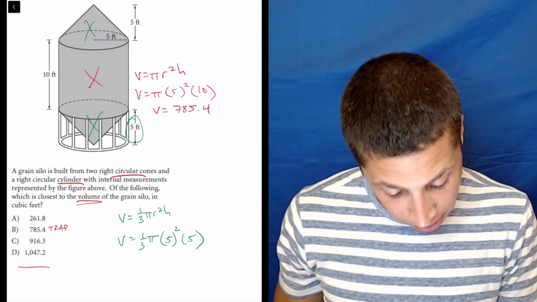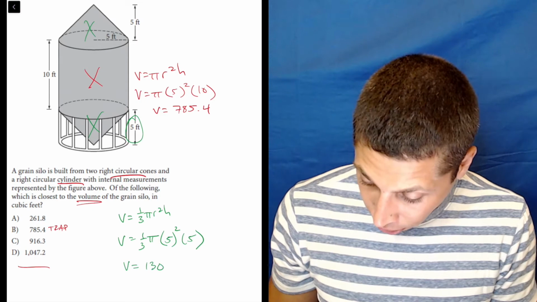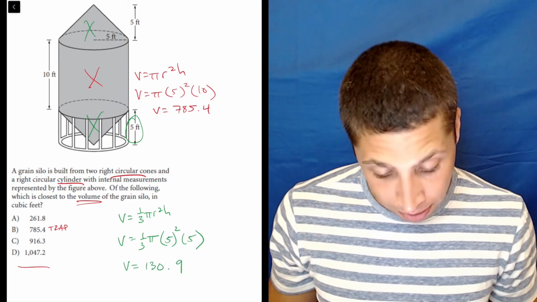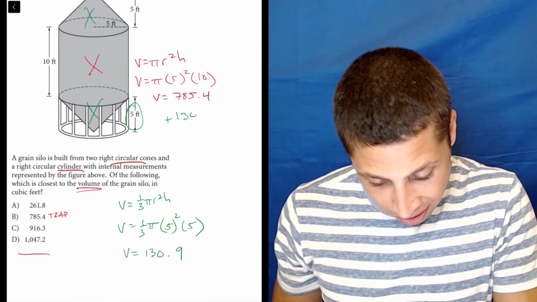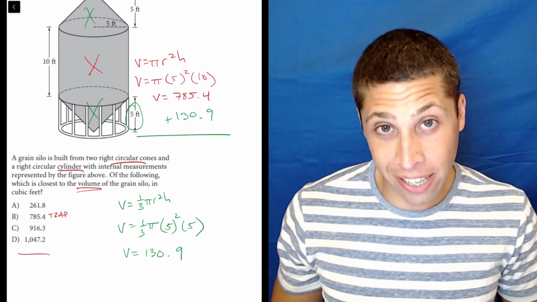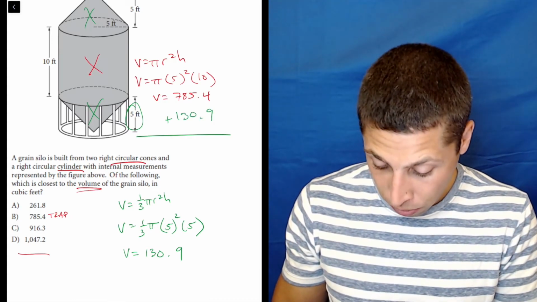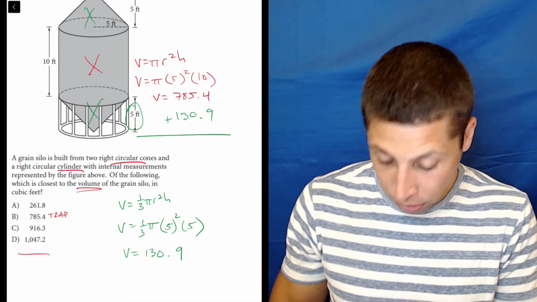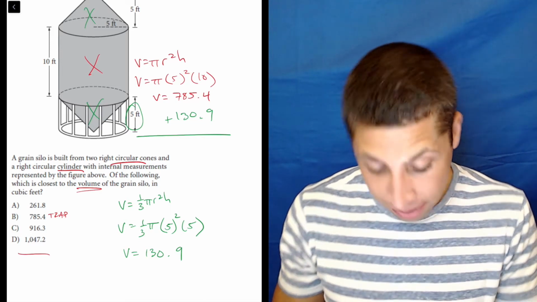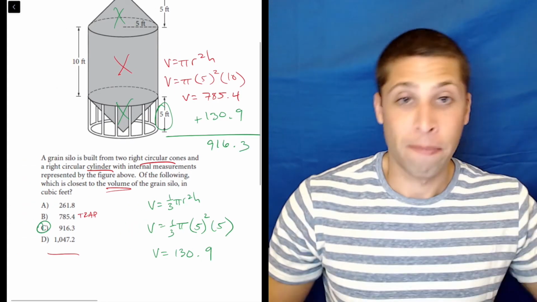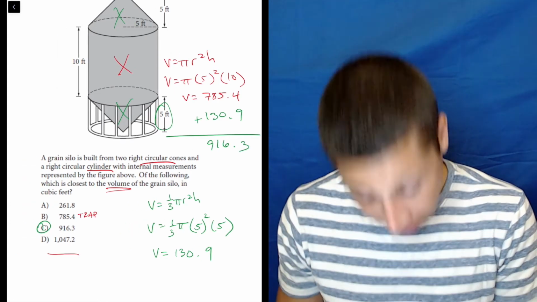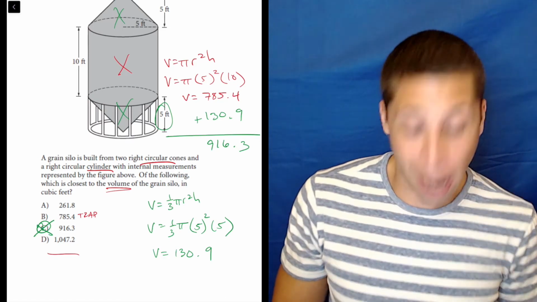And that gets me 130.9. So I'm going to add that to the 785.4. So 785.4 plus 130.9 is 916.3. So choice C. Except no, I'm lying, because that's another trap.